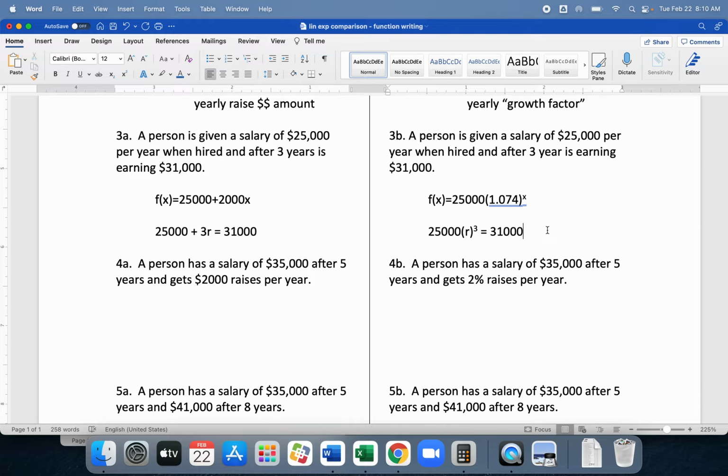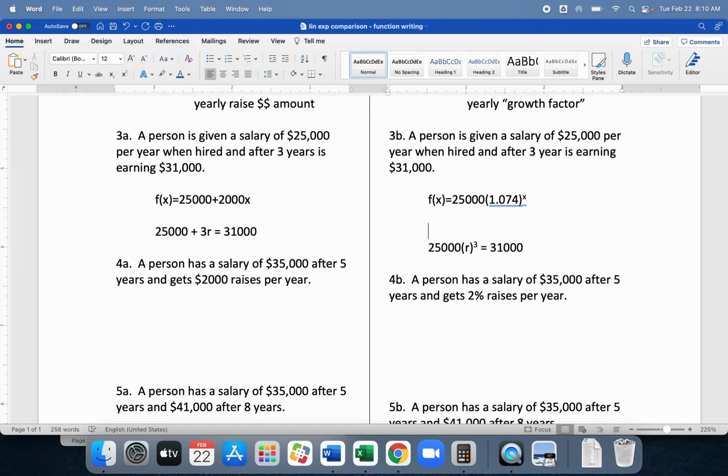Now, if I wanted to write it exactly and avoid round off error and iMath marking your answer wrong just because of rounding, another way you could write this, f of x equals 25,000 times, well, how did we get that 1.074?